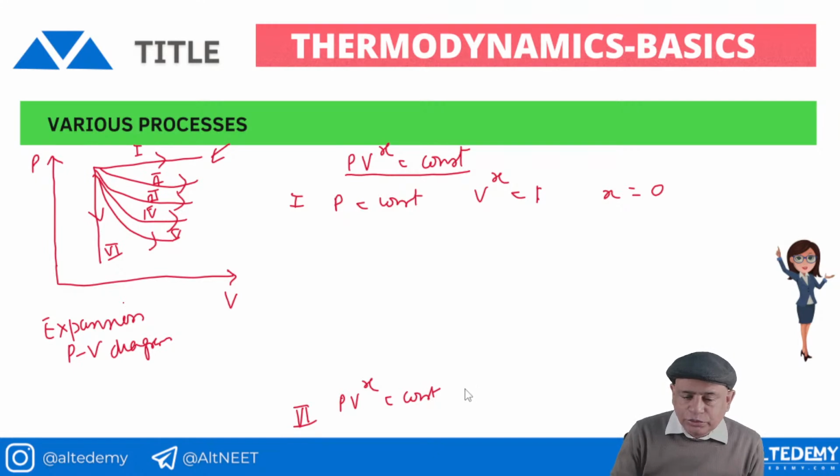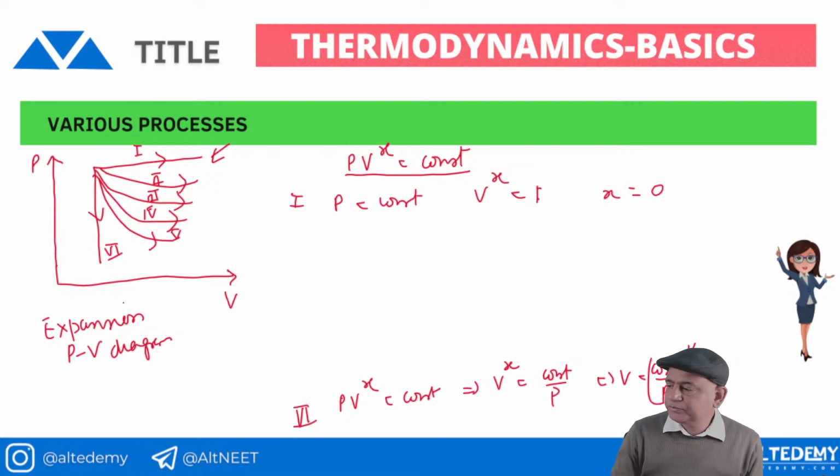Let us try to formulate it. V^x is equal to constant divided by P. And that means V is equal to constant upon P to the power 1 by x, isn't it? And if we put x equal to infinity, then we get constant upon P to the power 0, which is equal to 1.